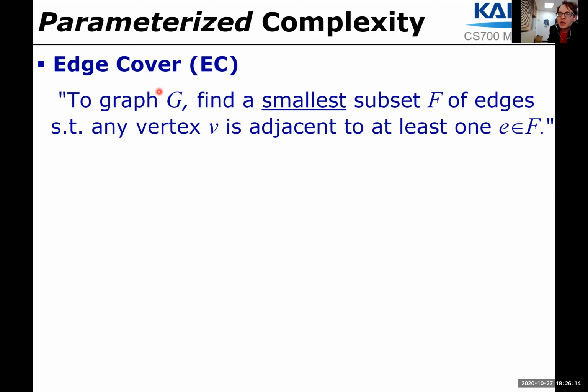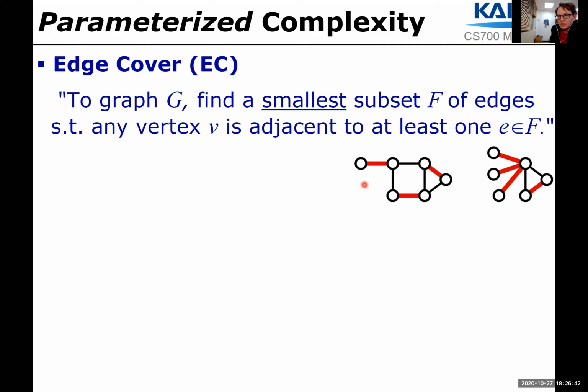So originally, this is an optimization problem: find a smallest such subset of edges that in a sense covers all vertices, in the sense that every vertex is adjacent to at least one of these edges. And this has been converted into a decision problem where we ask, given a parameter k, whether there exists a subset of size k. So here are two example instances, two graphs.